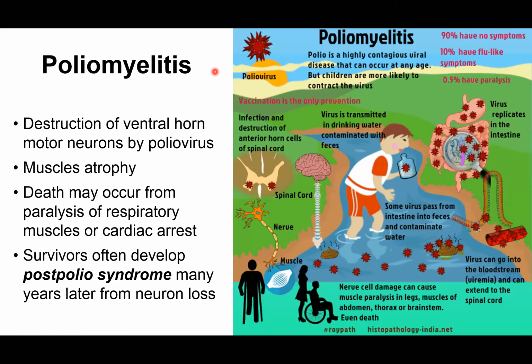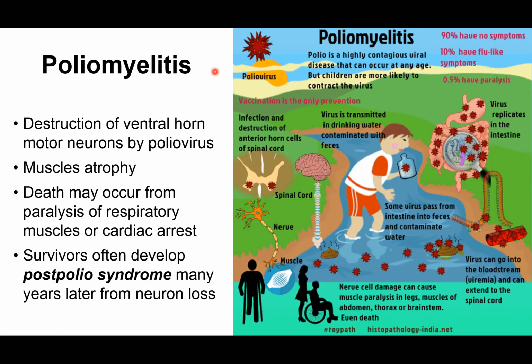And if this goes on and is not treated, then death can occur because eventually this reaches the level of the neuron that innervates the diaphragm, and the diaphragm is required for breathing, or it can lead to cardiac arrest.